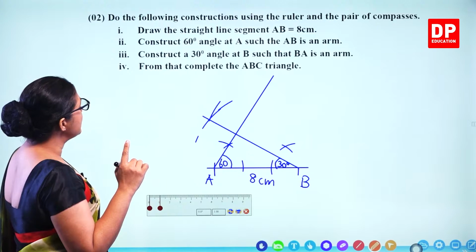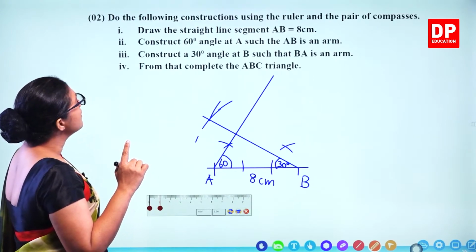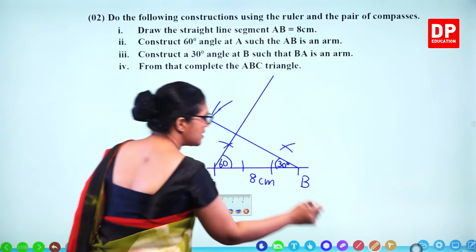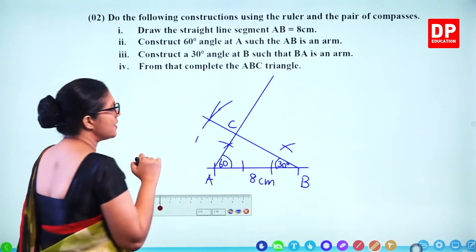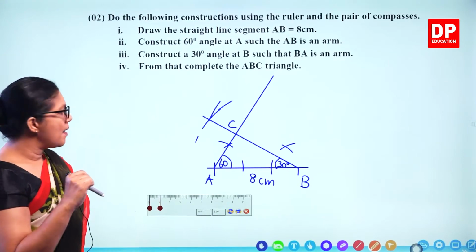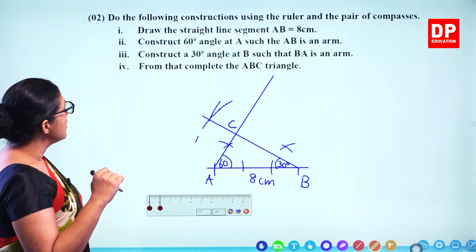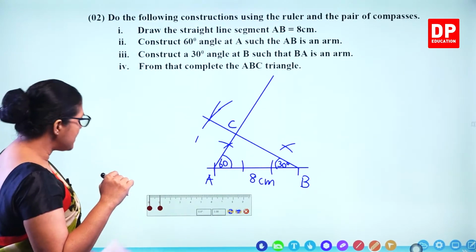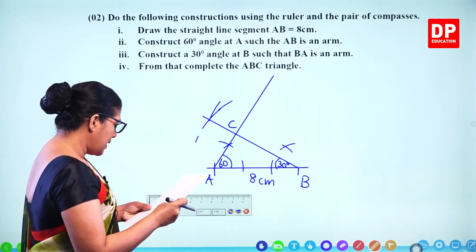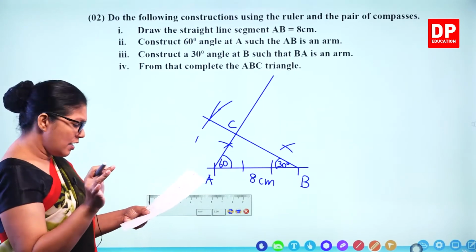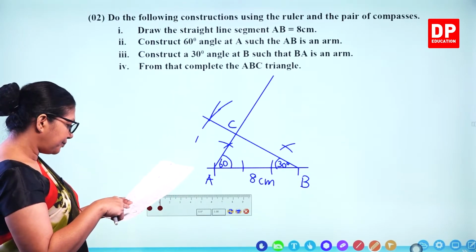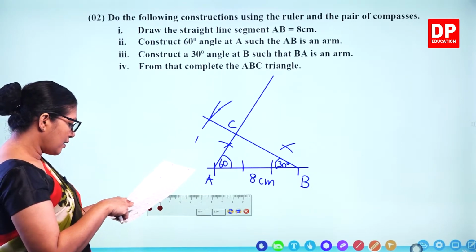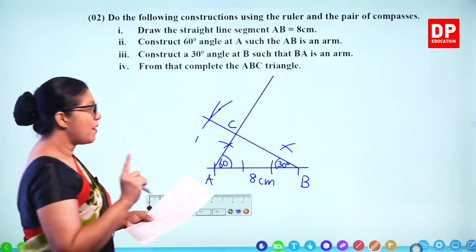Then complete the ABC triangle. So, the intersecting point of these two is point C. So, ABC triangle is completed. So, how many marks? So, we'll see the marking scheme and give you marks. Each question worth 11 marks.